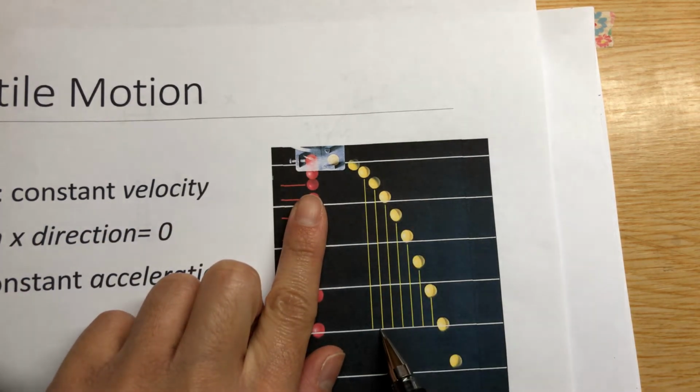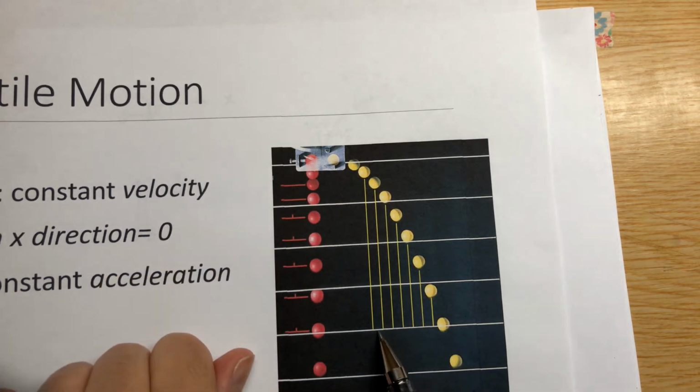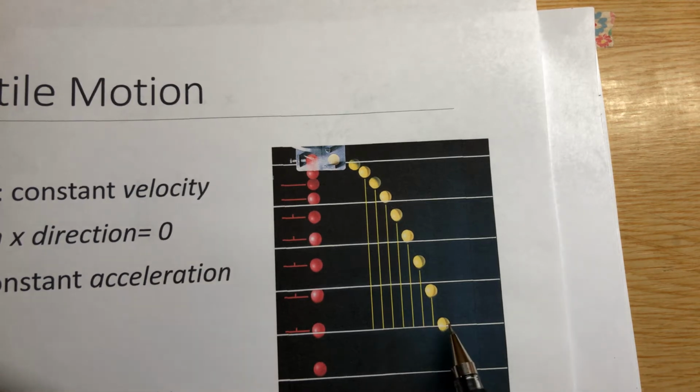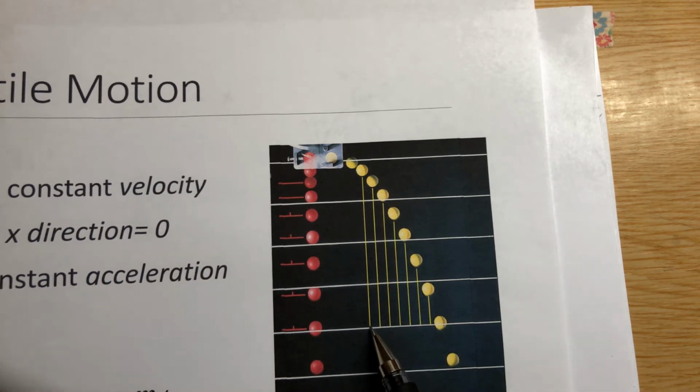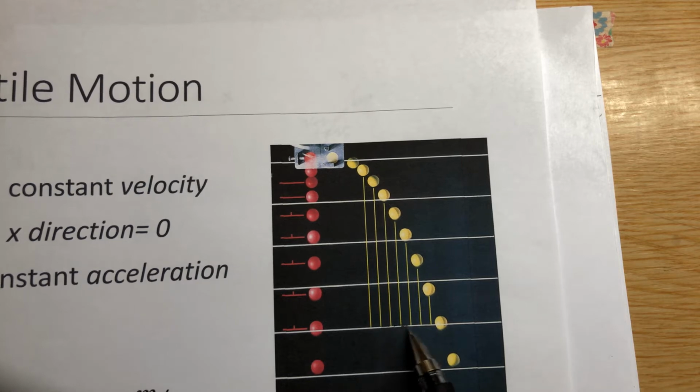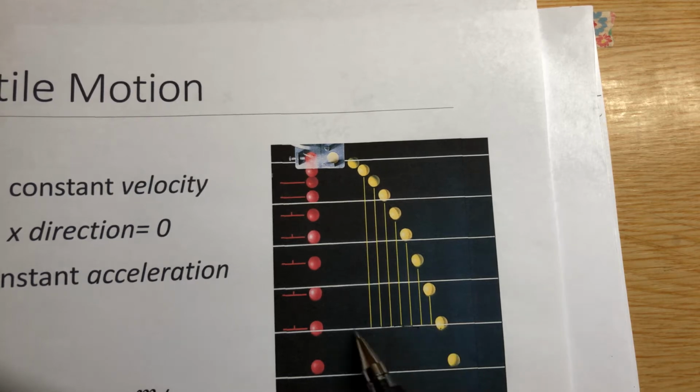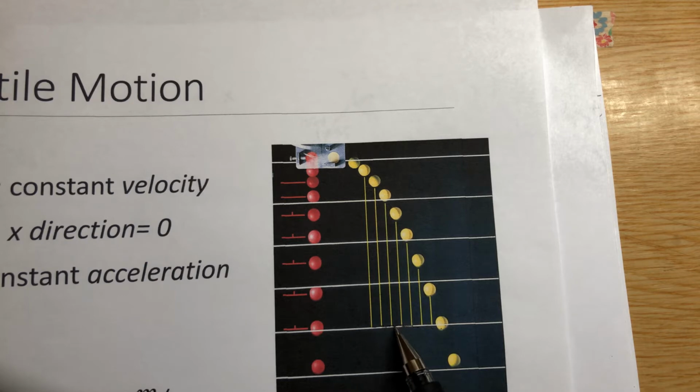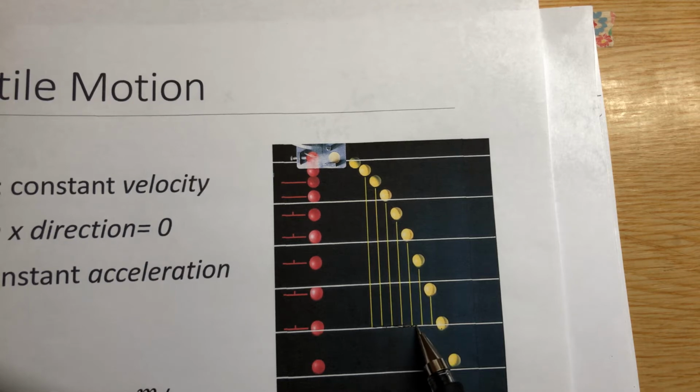So at the same time intervals, it's going to move at a constant velocity in the X direction. So you see, velocity is distance over time, so it's going to move the same constant horizontal distance per time. So you see that it's the same horizontal distance per time.